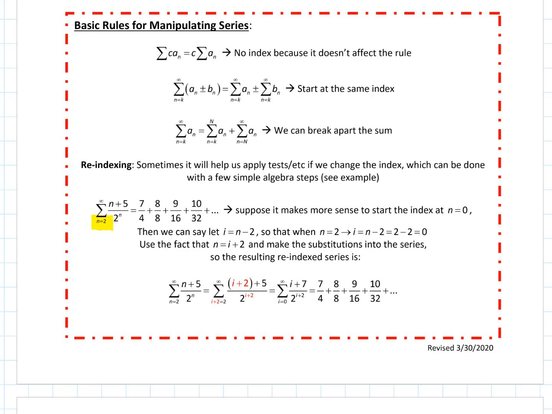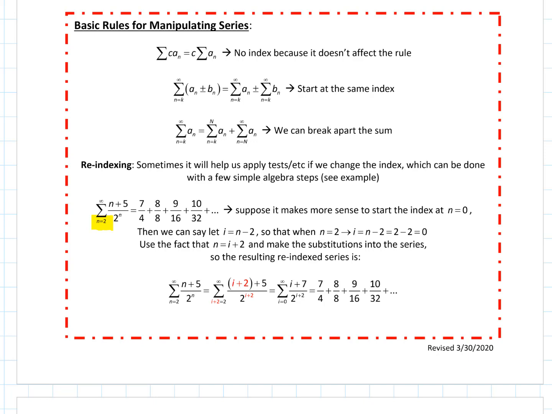So the denominator is increasing powers of 2, and the numerator starts based on the index start of 2. The numerator starts at 7 and increases each time. So 7, 8, 9, 10. So if for whatever reason I wanted that index to start at 0, say, I can do that. I just have to do a variable change here. And so I could say, well, if I want the index to start at 0, I need to subtract 2 off of that initial start.